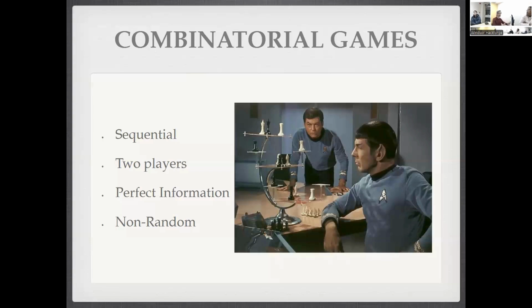So to perform that analysis, you need to understand the possible positions in the game. A position in Conway's definition is a legal game state. For example, a game of chess can be understood as a series of moves that lead from the starting position to the end of the game. Every move results in a unique position. So every individual board state is its own position that can be considered.